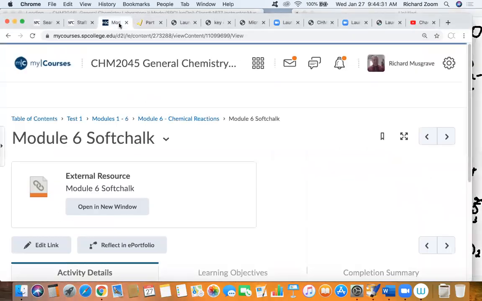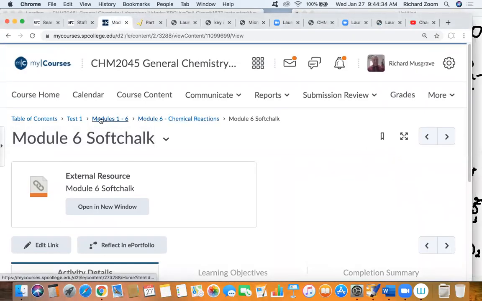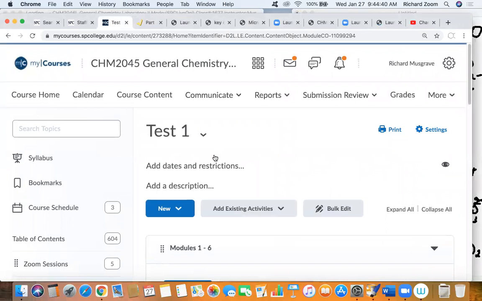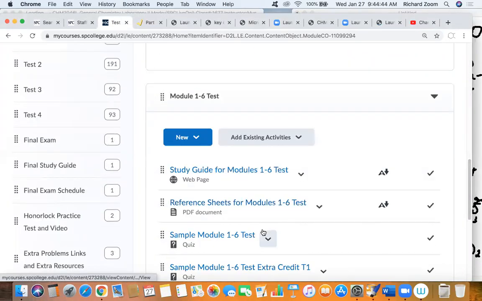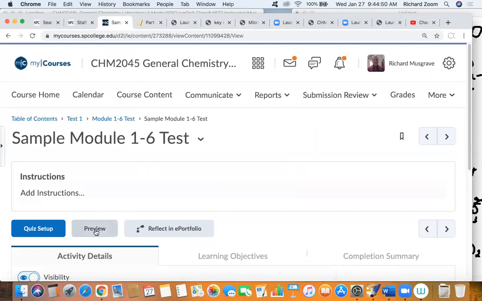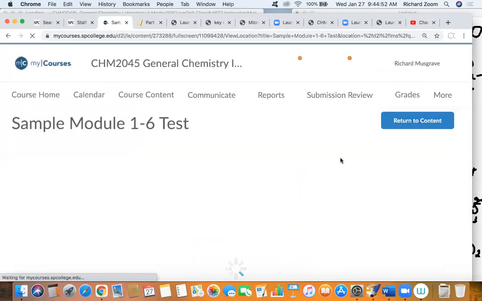So let's go take a look at how that would look. Test 1. So let's look at the sample module 1 to 6 test. And you can see the kinds of questions you're going to be asked about this.